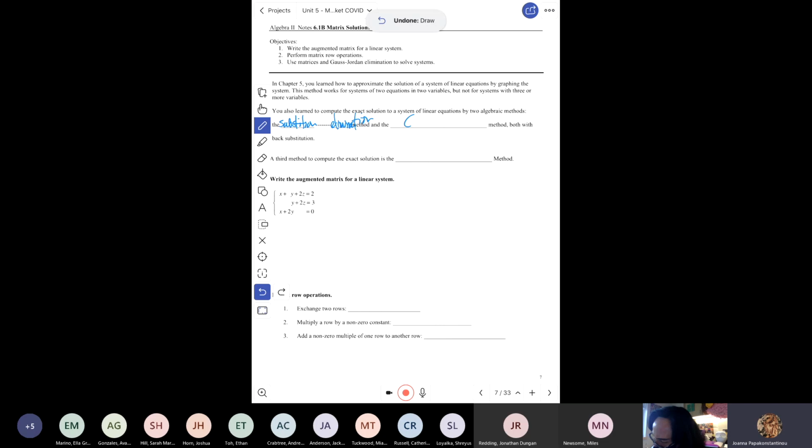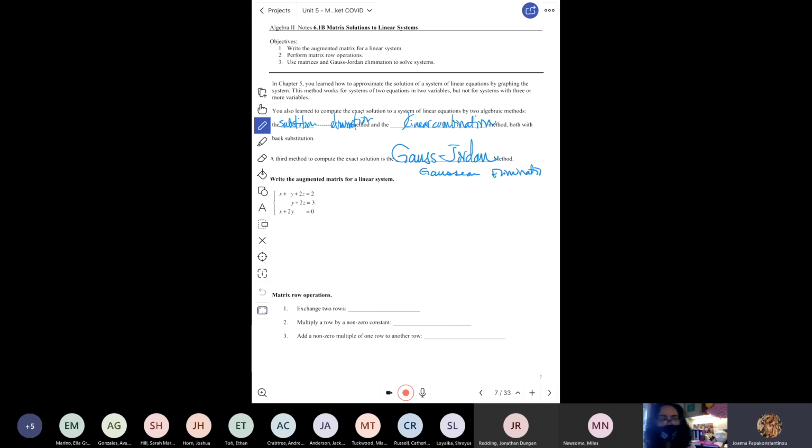We didn't talk about that. Third method is going to be Gauss-Jordan. Frederick Gauss originally came up with this, and then it became Gauss-Jordan. This is also known as Gaussian elimination.